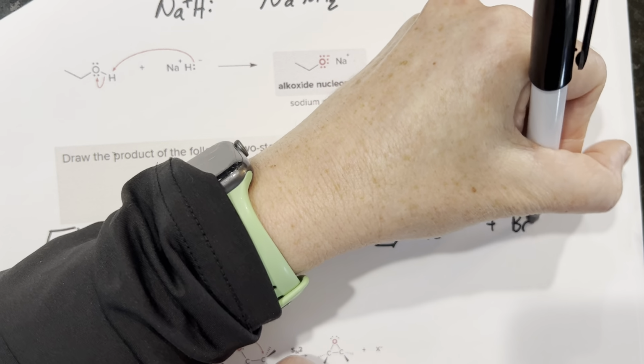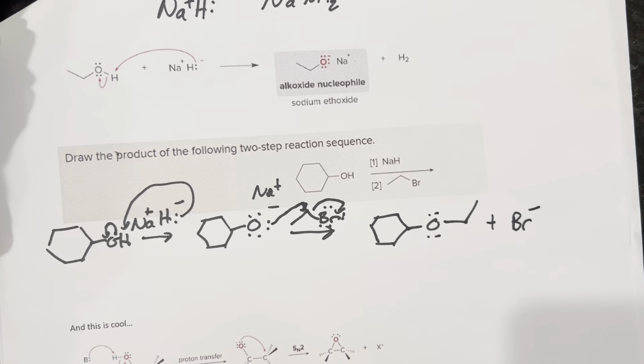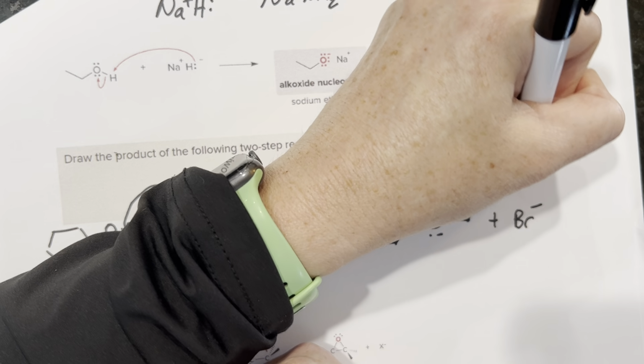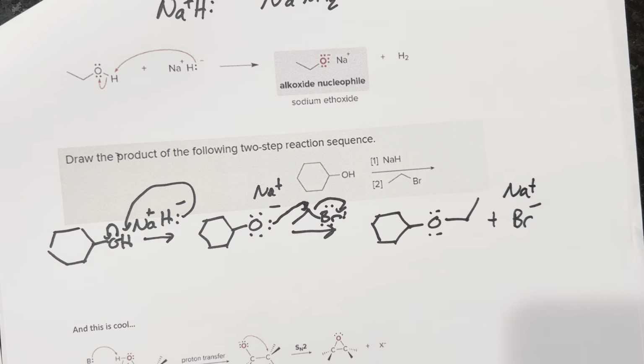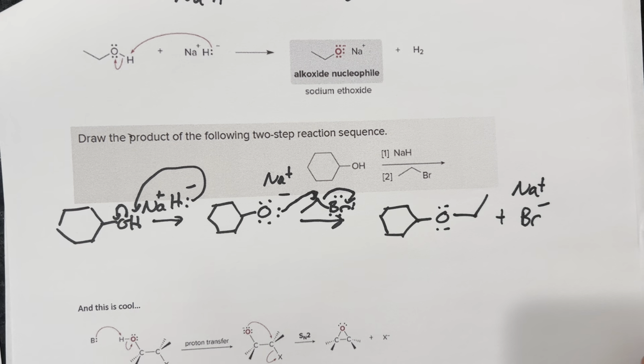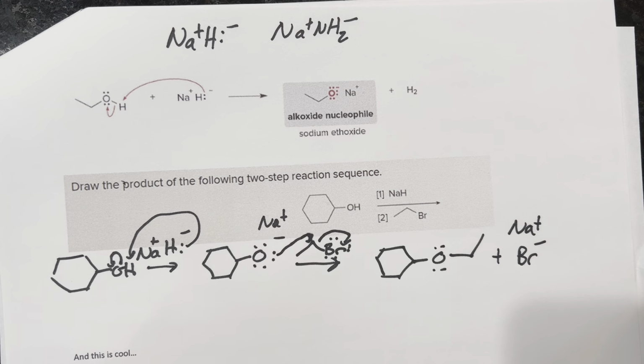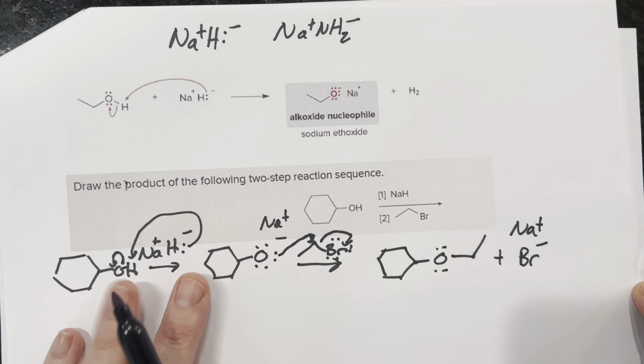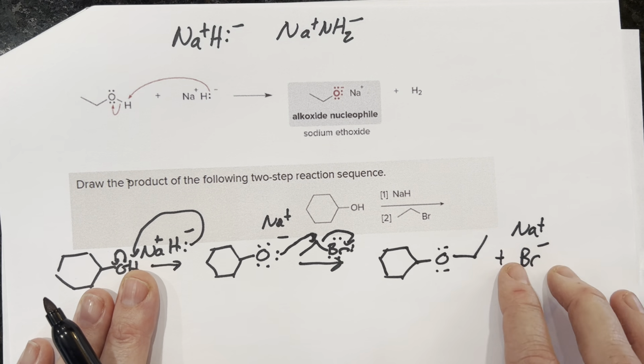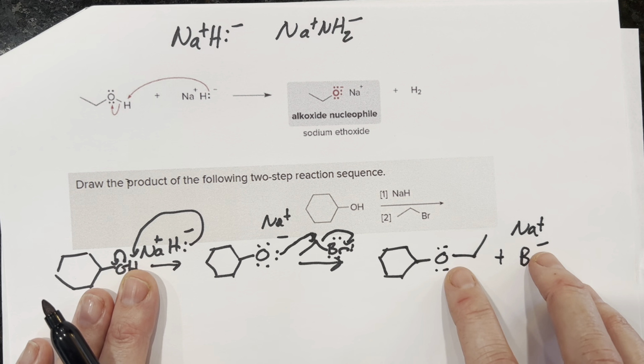Our bromide is now off in another world, and our sodium can kind of hang out with it. So you can maybe do NaBr if you want to. All right, so hopefully not too scary. Pretty much we just added this step, and this should be a bit of a review.